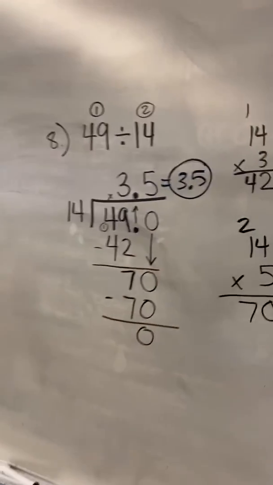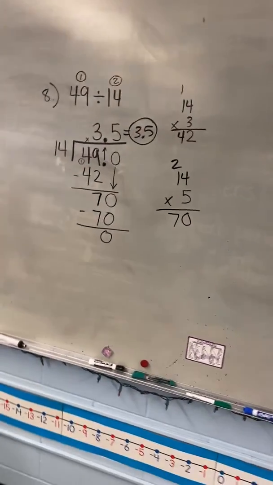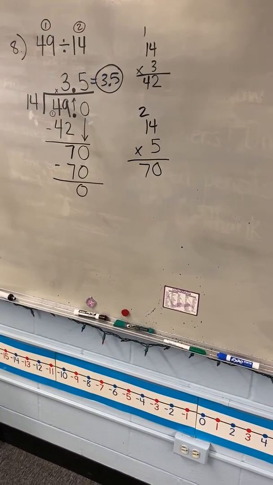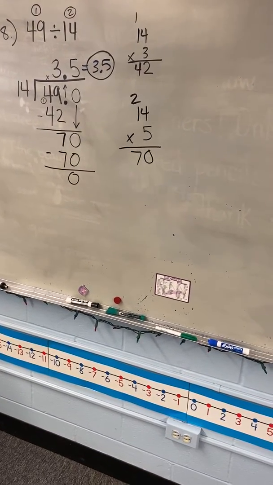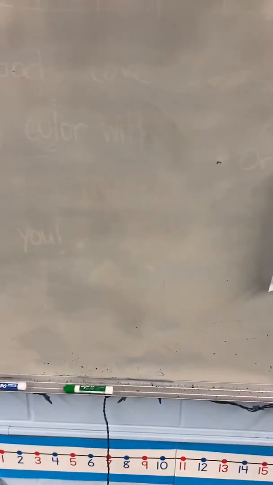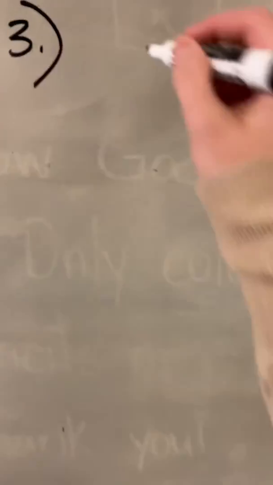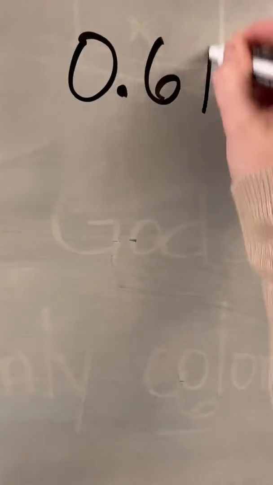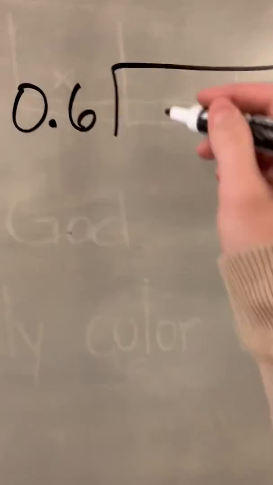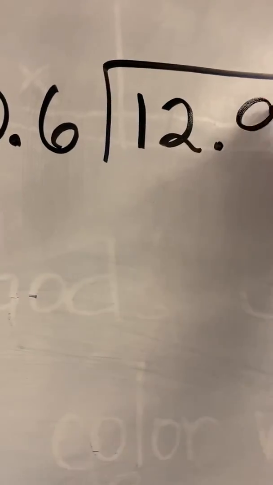I'm going to do one more that has a decimal to remind you about movement. So let's do, I'll do number 3. Okay, number 3 says 0.6 for the divisor and 12.9 for the dividend.